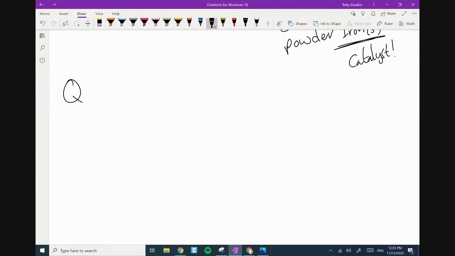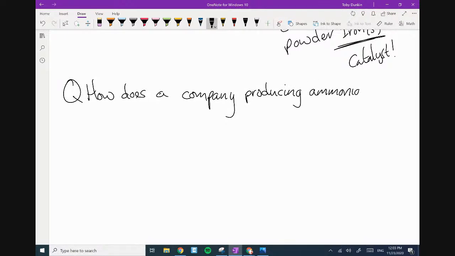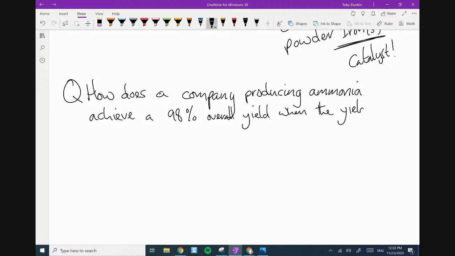Question: how does a company producing ammonia achieve a 98% overall yield when the yield is only 35% per pass through the reactor?